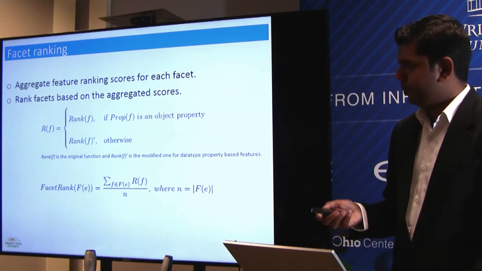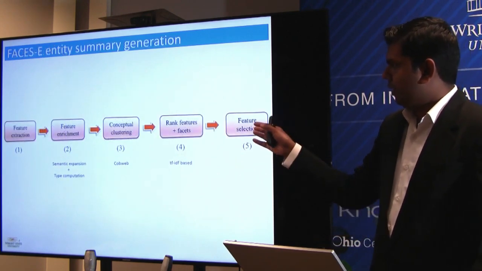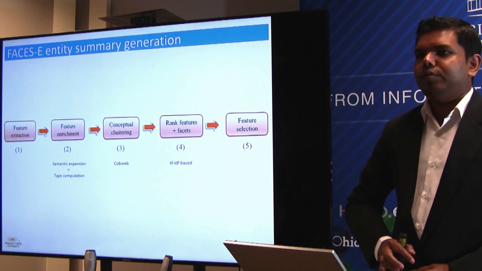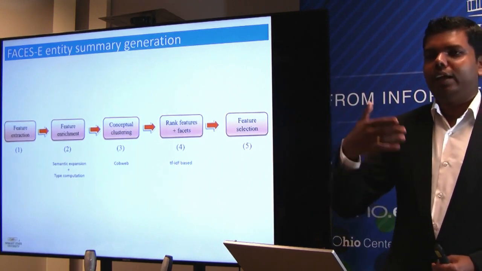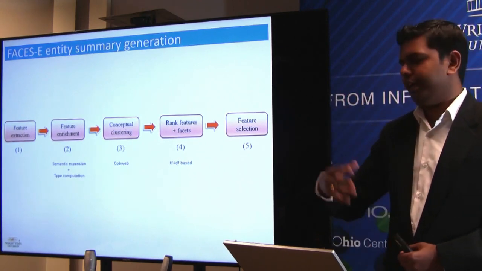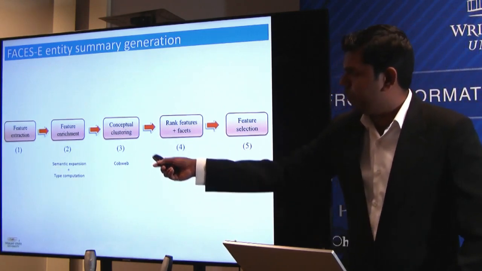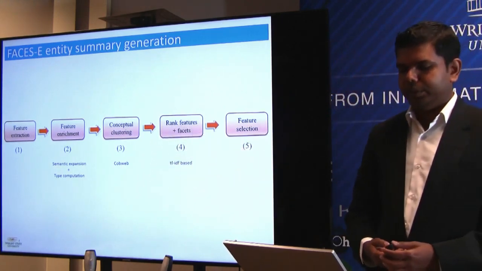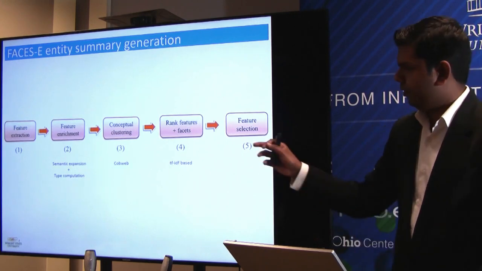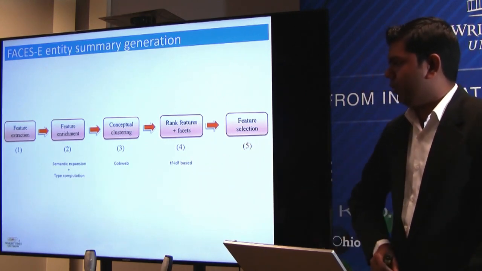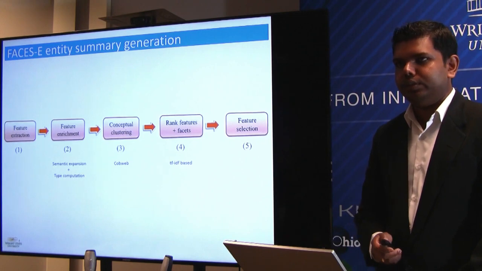So in picking the summary, in the last step here, we go in the order of ranked facets rather than randomly picking them. And then we also do the type computation for feature enrichment, and we have adapted ranking for TF-IDF based equations.